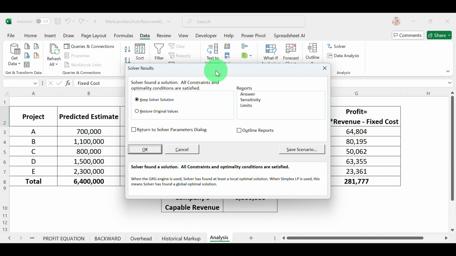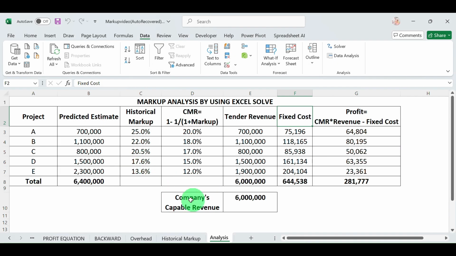We click OK. So we can see here the Excel result: the tender revenue should be 700,000 for the column, which has the highest historical markup, even though this is a small tender revenue, and it maximizes the profit.